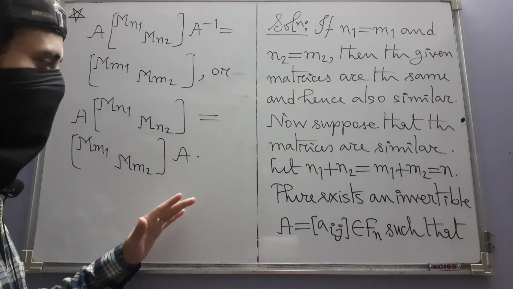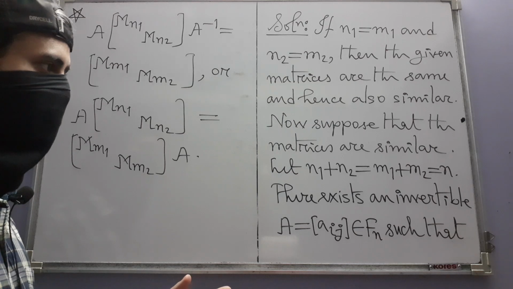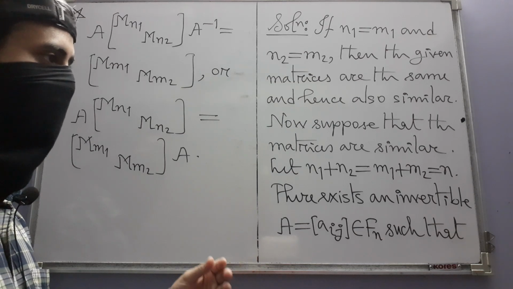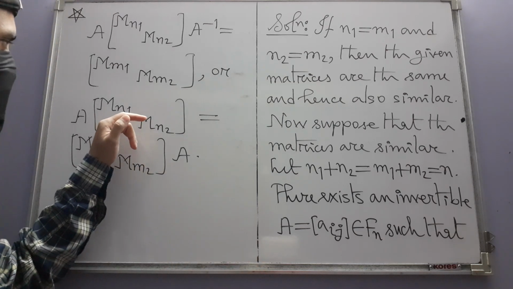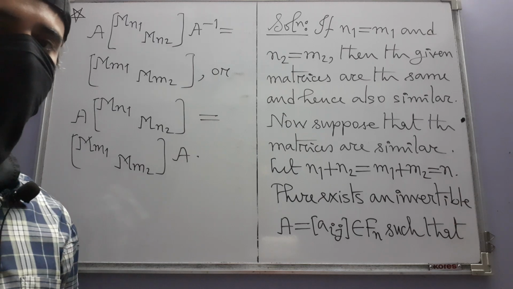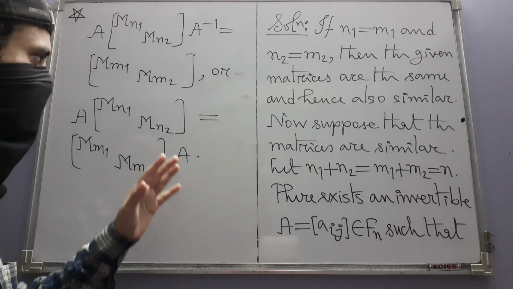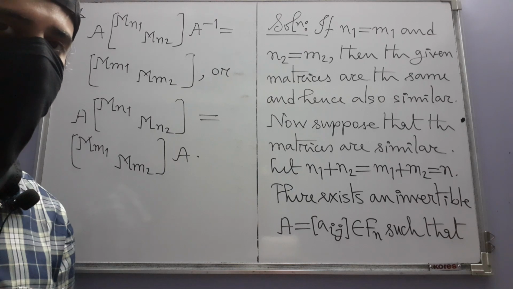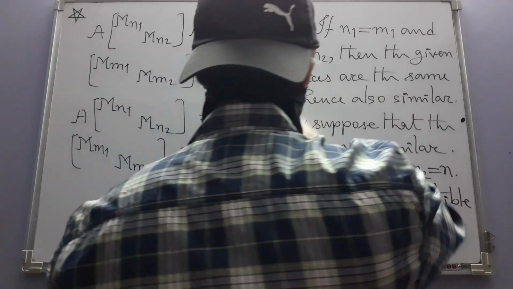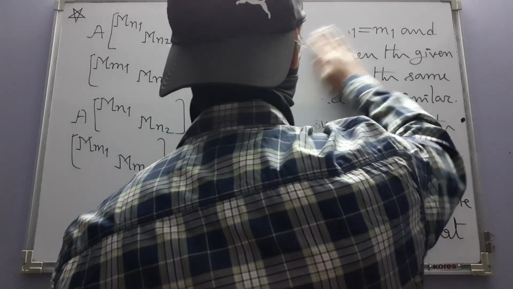So in such situations it's better to first see what happens by considering some small values of n1 and n2. Small but not so small that you don't get to see anything. So let's do that first and see how the product looks.